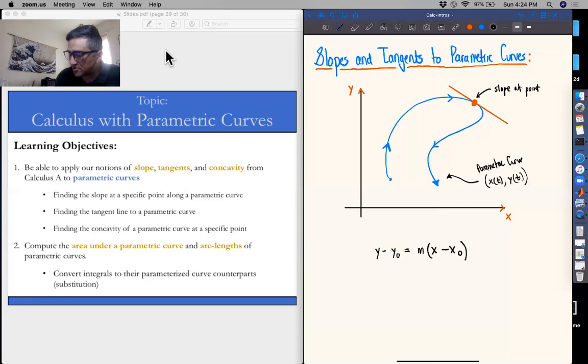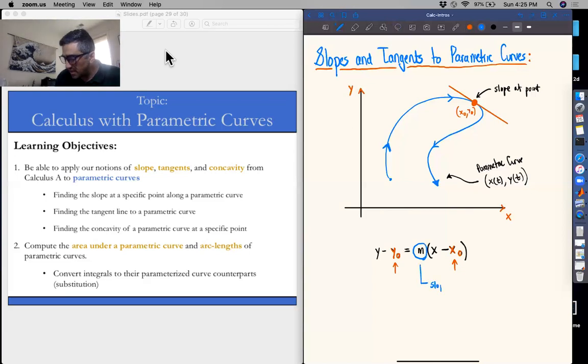If we're thinking about creating this tangent line to our parametric curve, like up above, we would define this point as our x0, y0 value. We already know y0, we already know x0, just based on the point along the curve that we care about. And that last thing we need to figure out is, what is that slope?